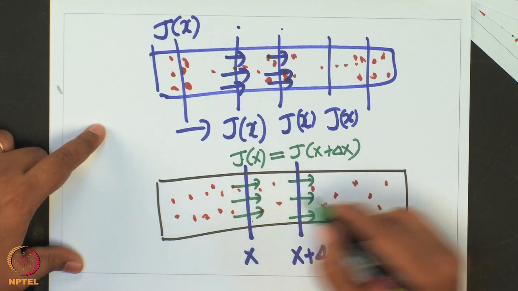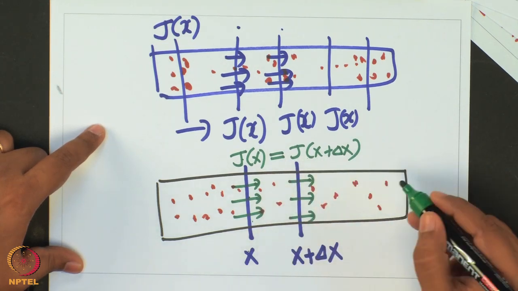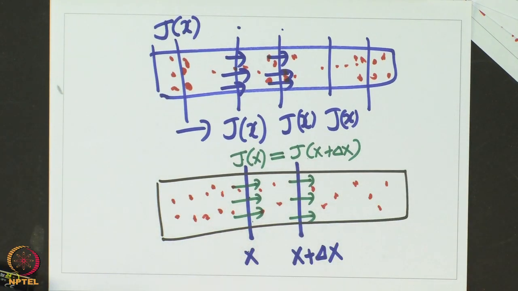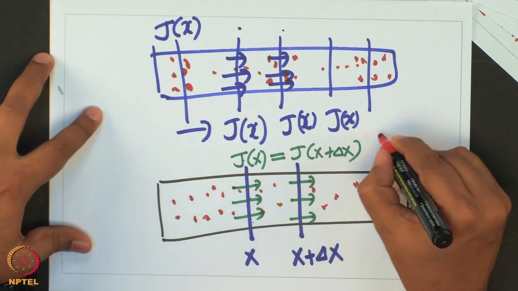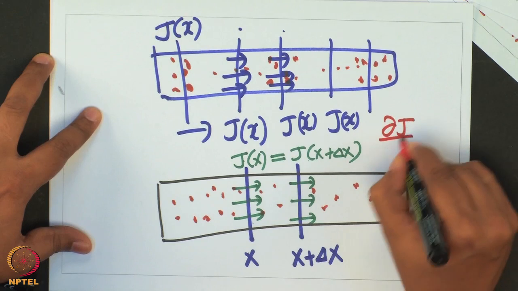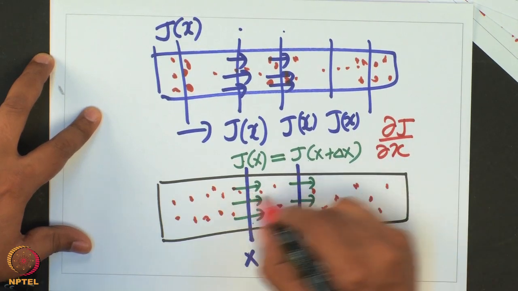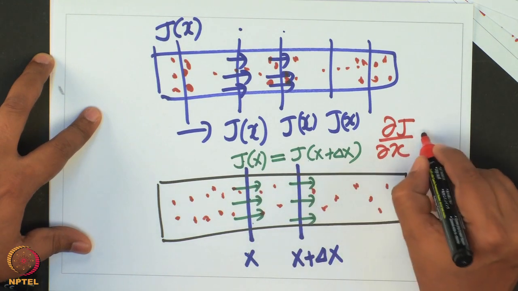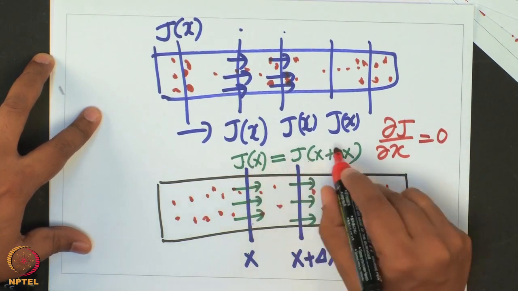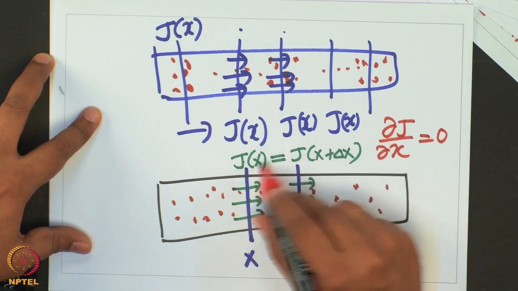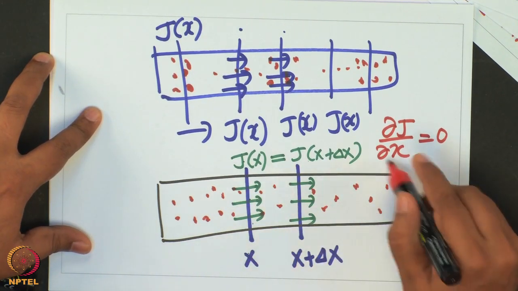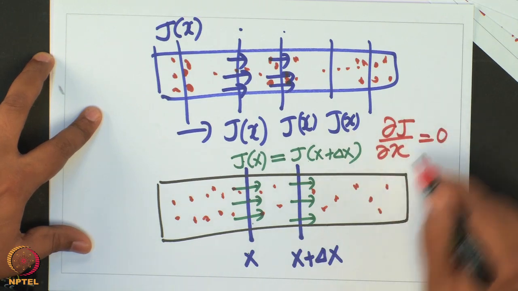If the two flows are the same, this implies that dJ by dx is 0. So del J by del x, the change in flow, J of x plus delta x is equal to J of x, therefore the derivative will be 0. If these two are equal, there is no change in flow as we go along the space, therefore del J by del x is 0.